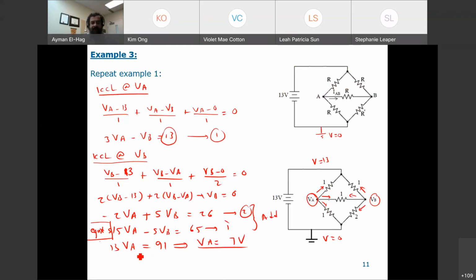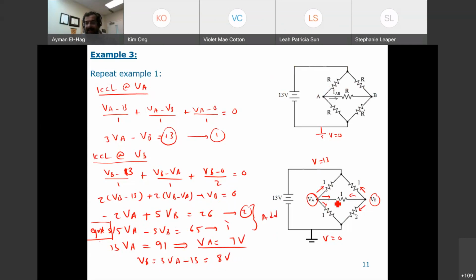Now, if I know VA, I can substitute in any equation, 1 or 2. Your VB is basically 3VA minus 13, and if you substitute here, this becomes equal to 8 volts.